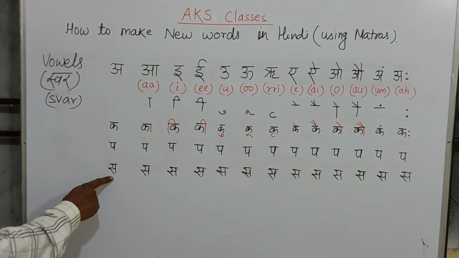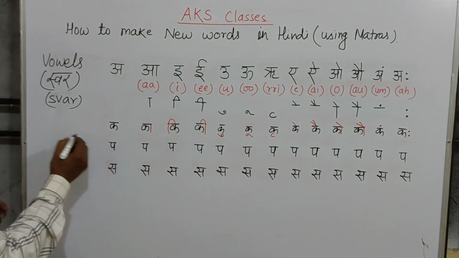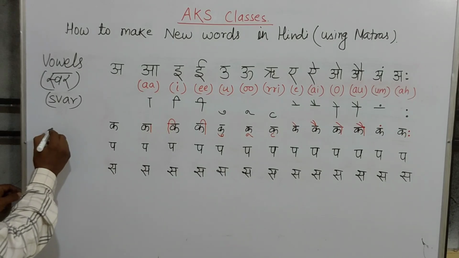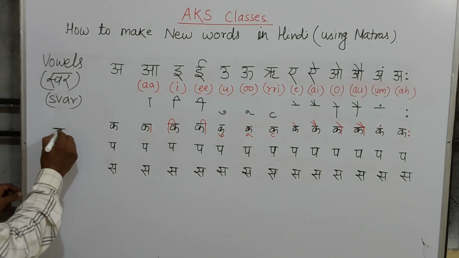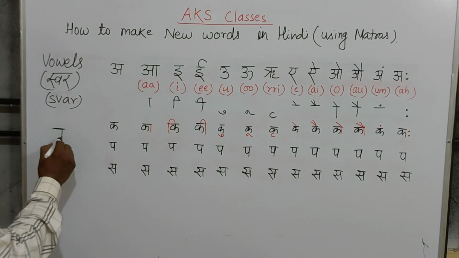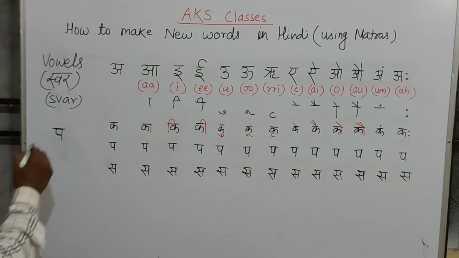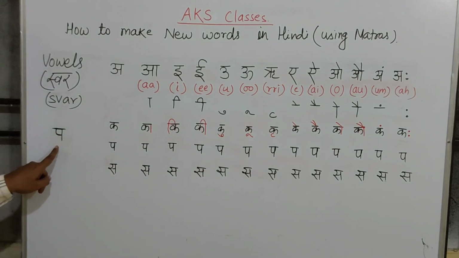And this is s. Let's see how we write these two consonants. To write p, we draw one line like this and one line like this. Then we draw like this. So it is p.